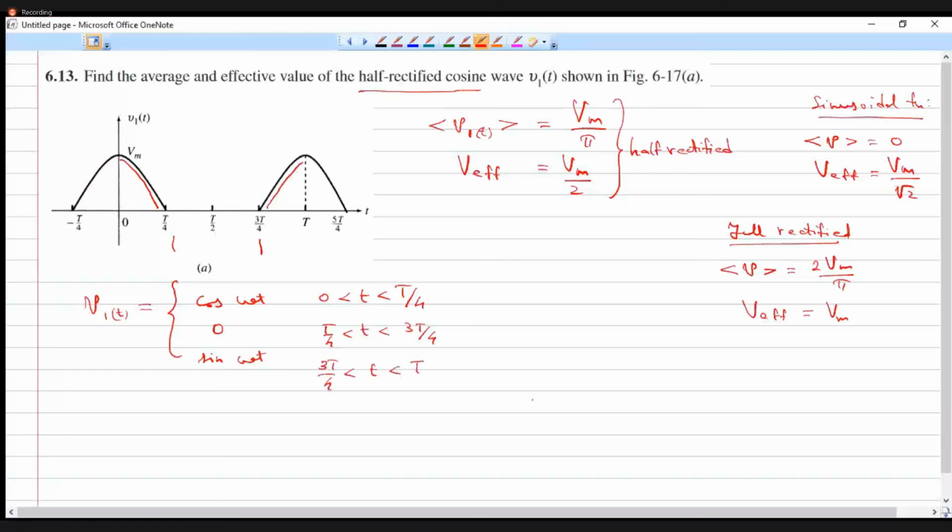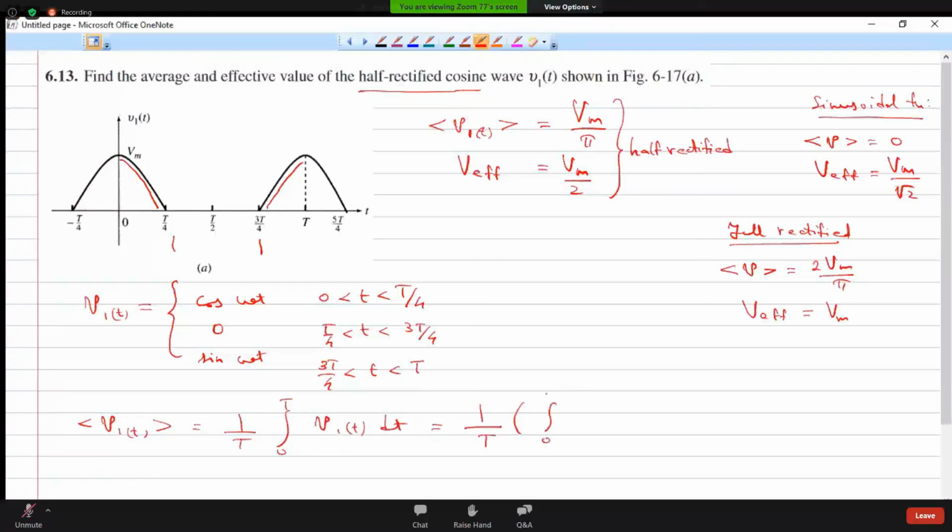So once you can write this function like this, then you can find out the average value using that formula. Average value is equal to 1 by time period, integral over the time period of v1 of t into dt. Here the time period is capital T itself, and this integral we have to split because it is carrying various values at certain intervals.